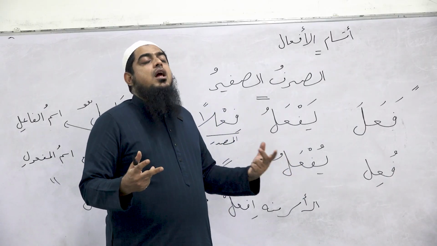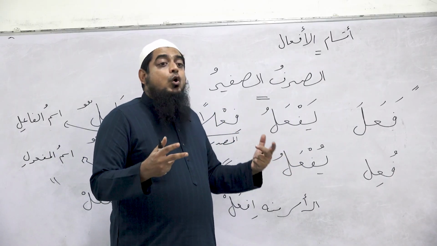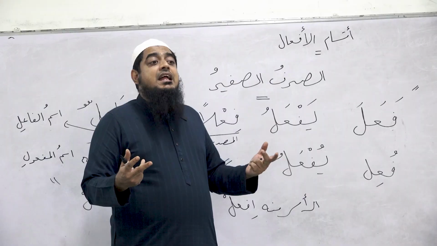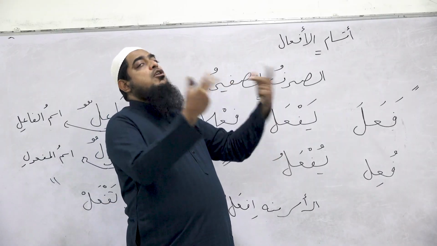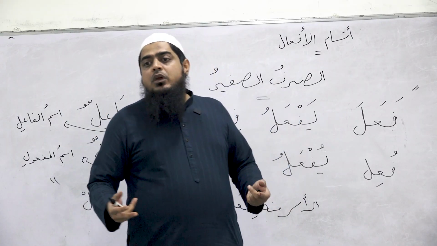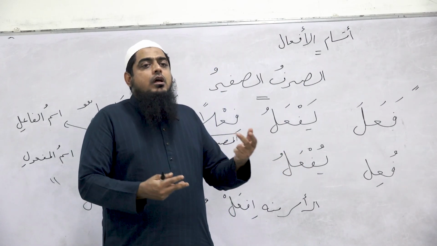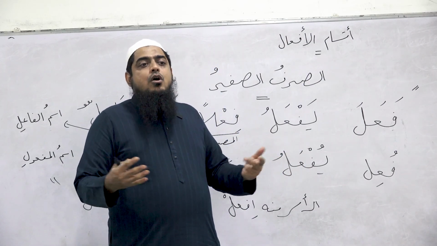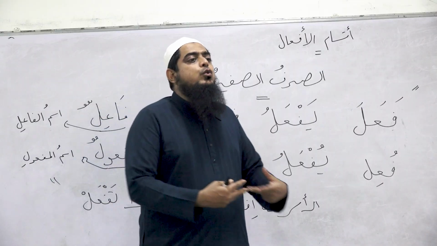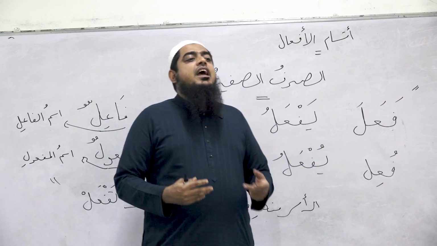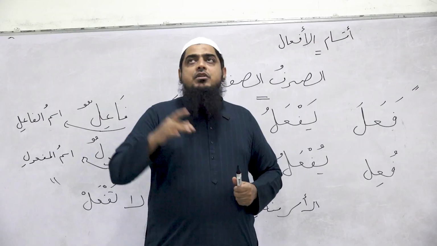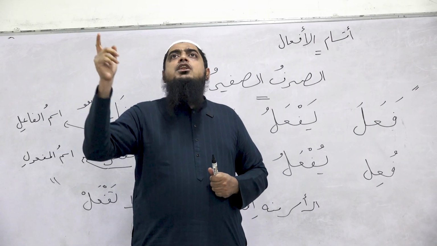Awzanul masadr. So if you want to know, go and check Durusul Lugha Al-Arabiyyah, 3rd volume, the last part of the book, where the writer has mentioned the famous or very highly used plural forms and masadr. He will say abniyatul masadr, abniyatul jama'.